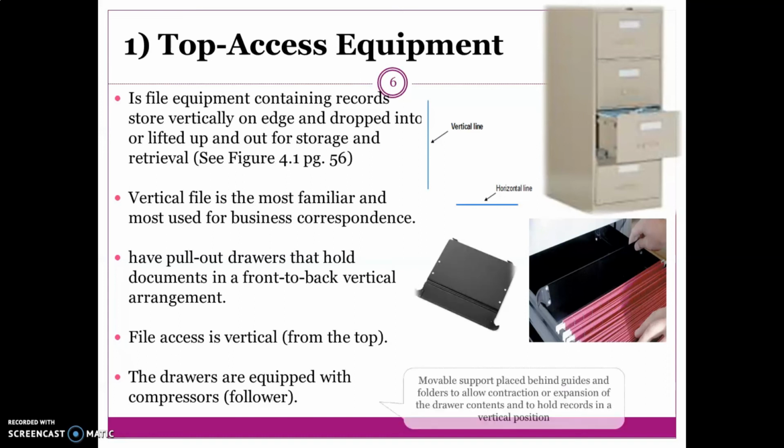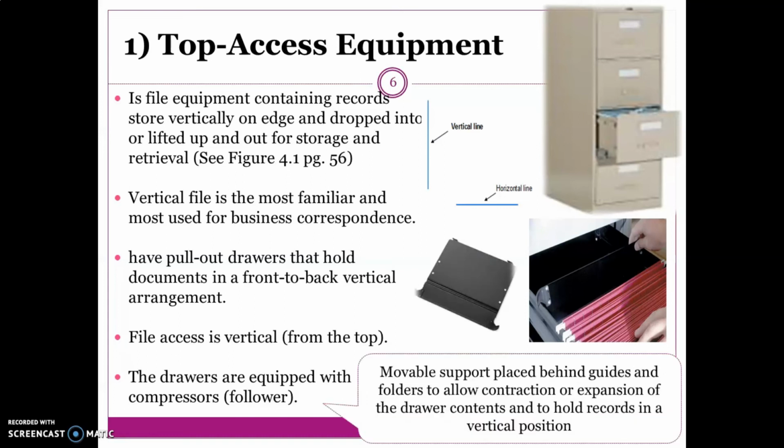Or we can say that it is a movable support which is placed behind the guides and the folders, so that it allows the contraction or expansion of the drawer contents and holds records in a vertical position.